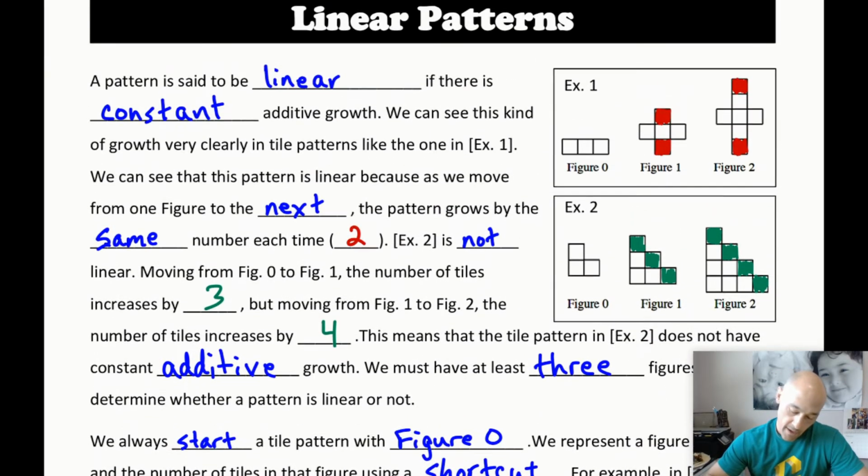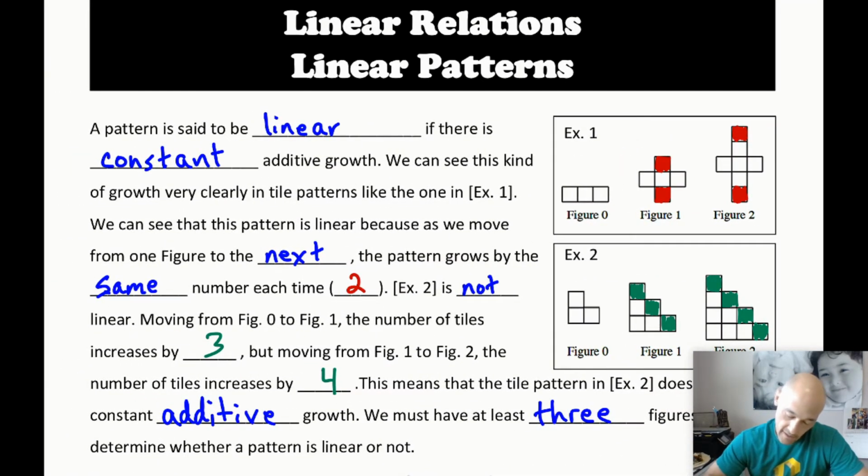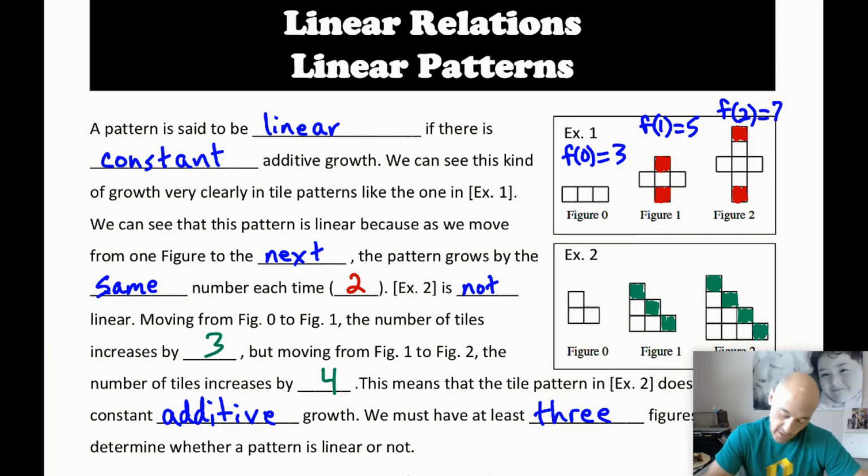So let's see. I can see that figure 0 has 3, figure 1 has 5, figure 2 has 7. So let's see, how is this working?